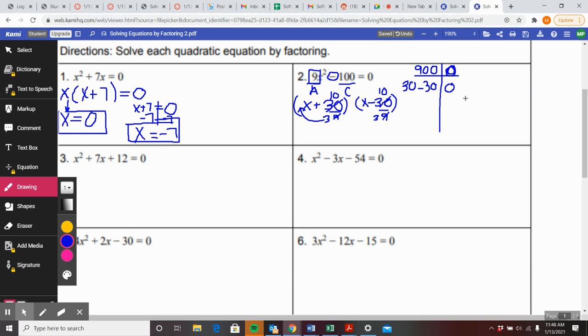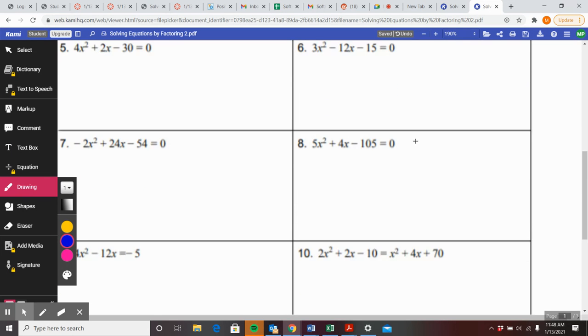I'm going to write it over here. So I get 3x plus 10. And this 3 also kicks. So it's 3x minus 10. And you set them equal to 0. And you solve. Okay, so finish that one.